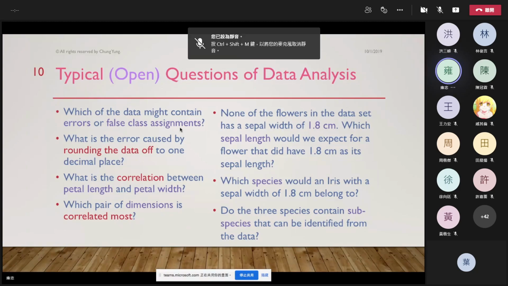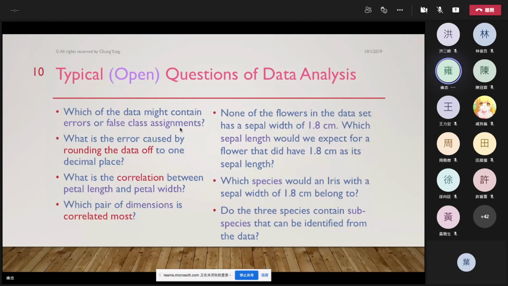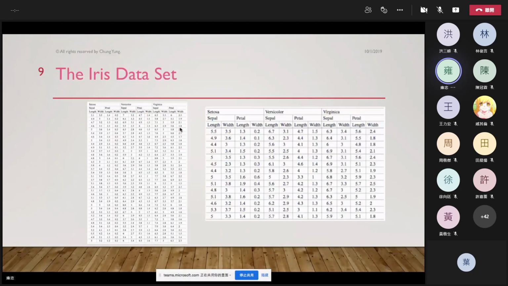The next, none of the flowers in the data set has sepal width of 1.8 centimeter. Which sepal length do we expect for a flower that would have 1.8 centimeter as its sepal width? Let's look at sepal width. All the sepal widths are larger than 1.8.